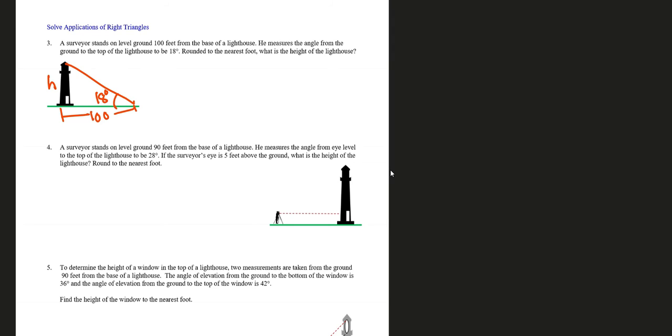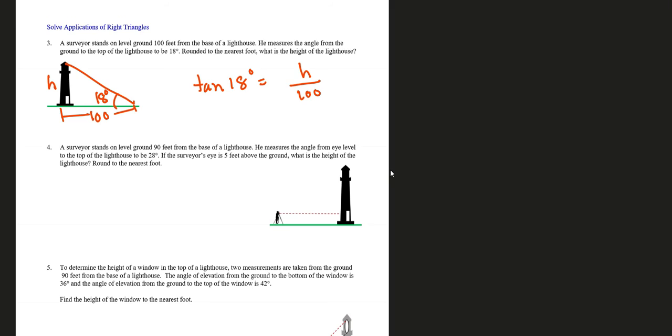If we use tangent, we know tan 18 degrees equals h over 100. If this is the acute angle, then the tangent is defined as the ratio of opposite over adjacent.